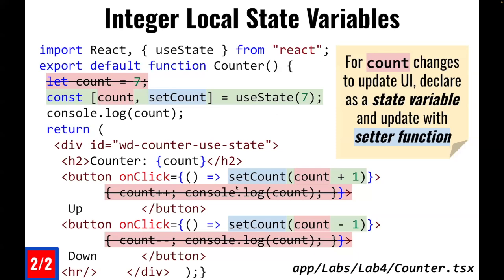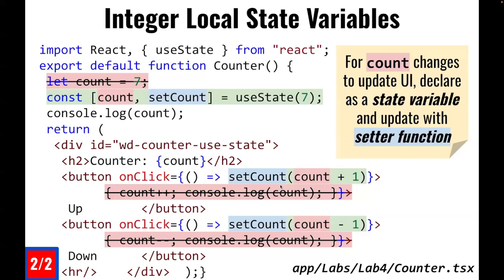So, for instance, even though I set count, I can't assume that right after the set count, the count is now plus one. If I had this set count in my second line, count would still be my old count. So set count will not immediately change the value of count.